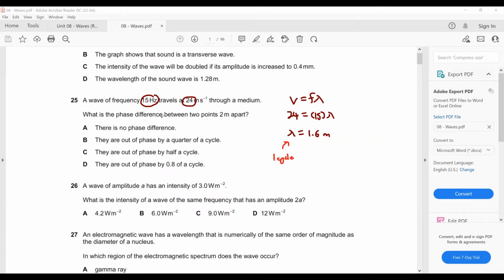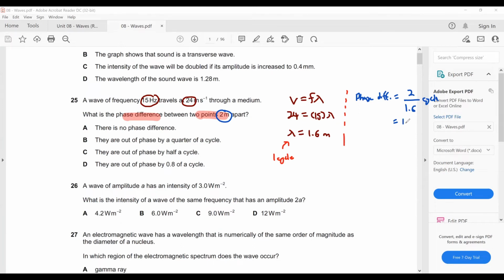Okay. So they want you to find out the phase difference between 2 points that are 2 meters apart. So what you could do is that your phase difference is actually having a difference of 2 meters between the 2 points. Divide by the value of 1 cycle, you're going to get 2 divided by 1.6.